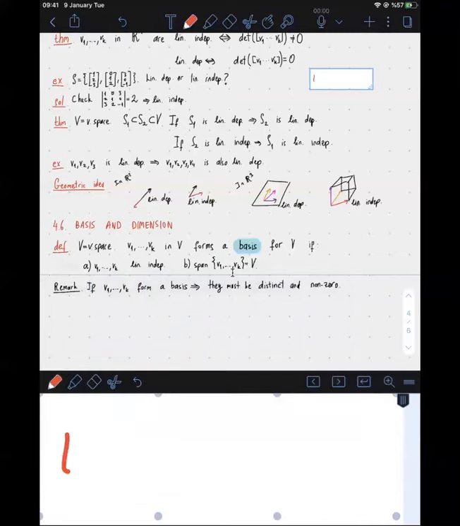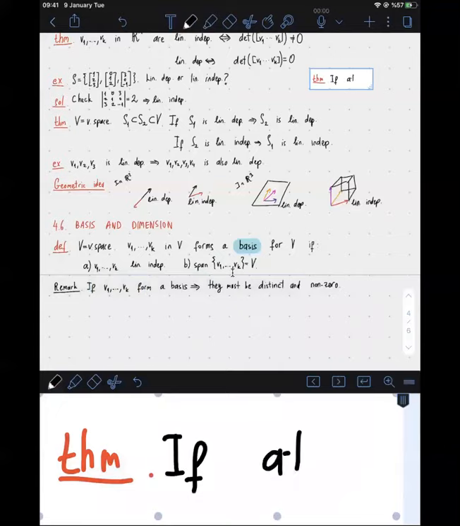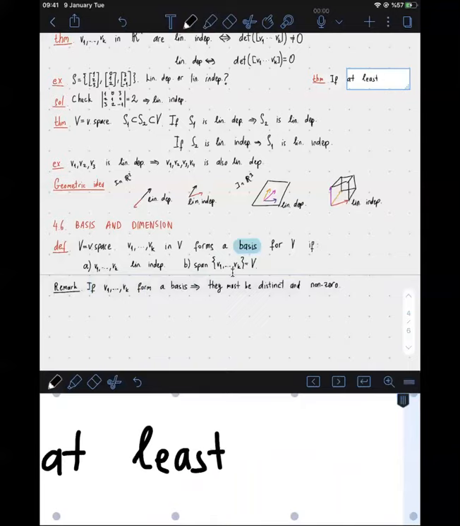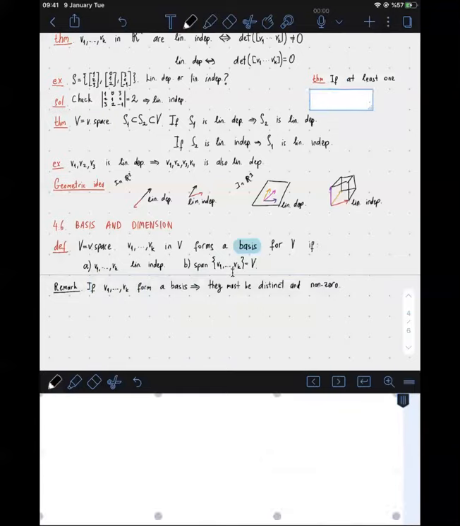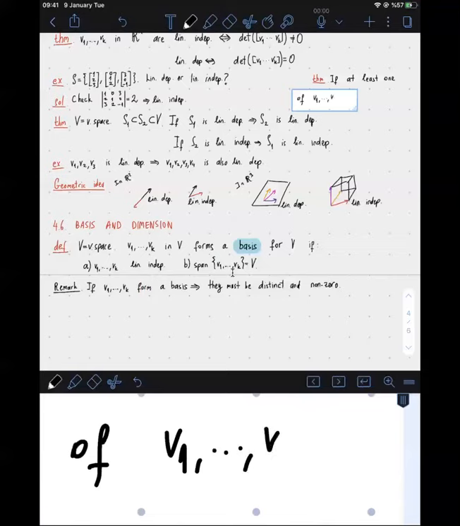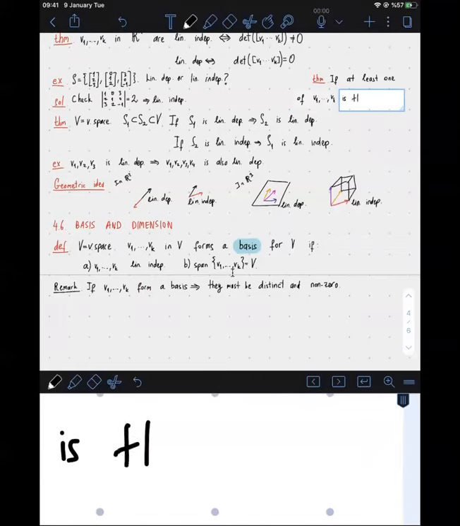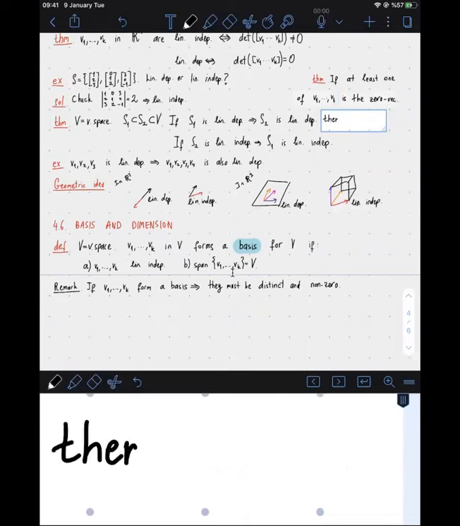Okay, so the theorem: if at least one of V1 to Vk is the zero vector, then V1 to Vk is surely linearly dependent.